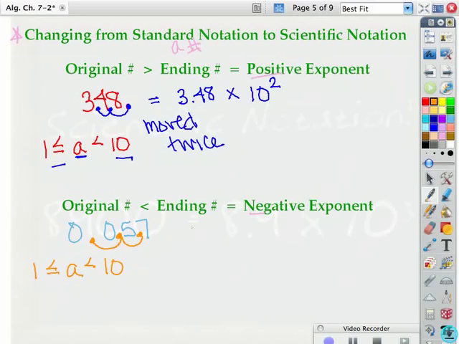So now, once we've moved it twice, what becomes is 5.7, so that's our number between 1 and 10, times 10, and now it's a negative exponent, and we moved it over 2 full times, so it's negative 2. So when you see a negative here, this means you're moving to the left. When you see a positive, it means you're moving to the right.